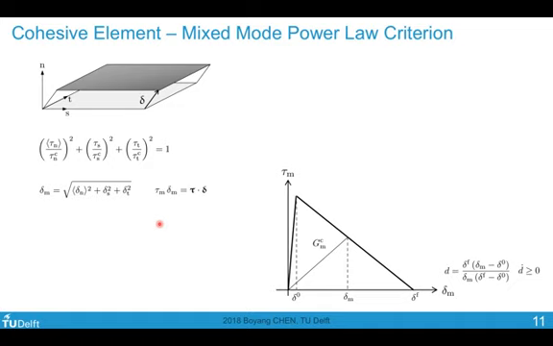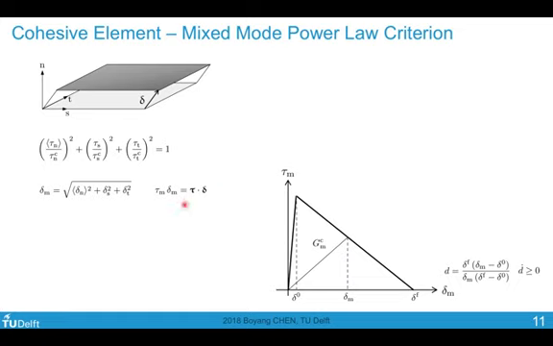To obtain the equivalent traction, we use this relationship, which means that whatever equivalent quantities for traction and separation that I invent, they must satisfy that the product of equivalent traction and equivalent separation equals the dot product between my traction vector and separation vector.